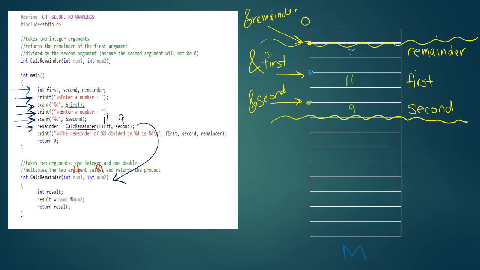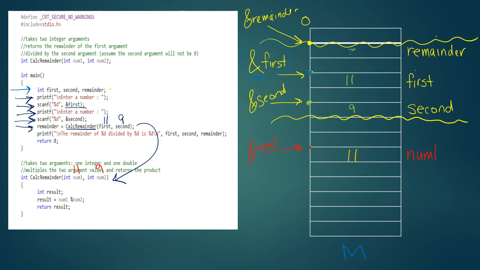So your operating system is going to find an empty location in memory. It's going to have this variable called num1, with an address of num1 and a value, and that value is going to be 11.